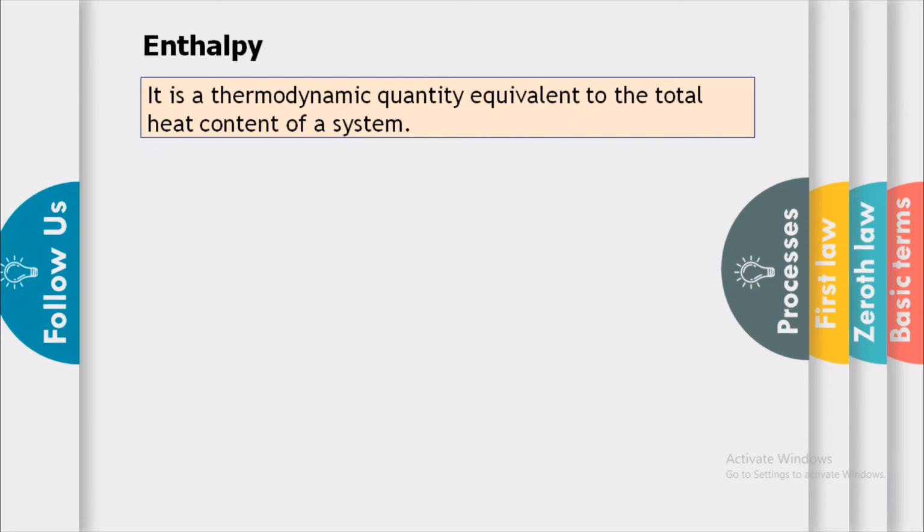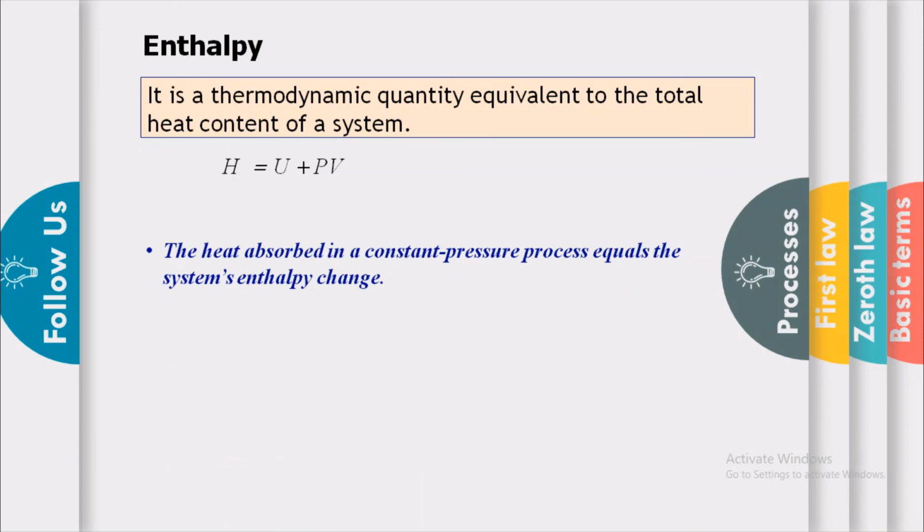So it is called specific enthalpy, that is H. Thus specific enthalpy is given by H is equal to U plus PV. In short, small letter h also you can represent. And here please note that the heat absorbed in a constant pressure process is equal to the system's enthalpy change.